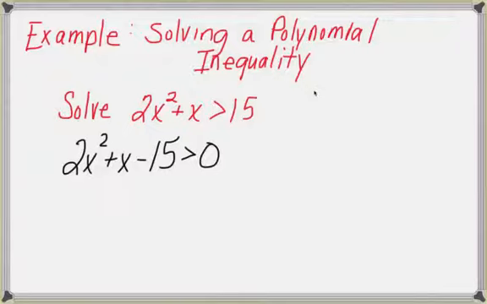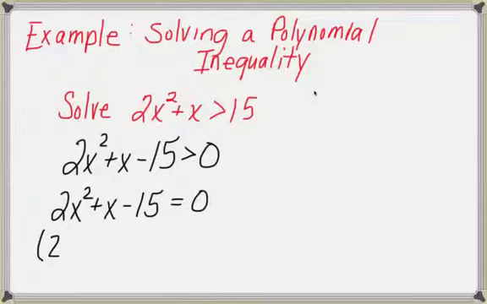Once we get that, we want to solve the equation. Well, in order to solve the equation, we've got to make it an equation. So we're just going to replace the inequality sign with an equal sign. This particular problem can be factored, so we would want to factor it in order to solve it. So that gives us 2x minus 5 times x plus 3.